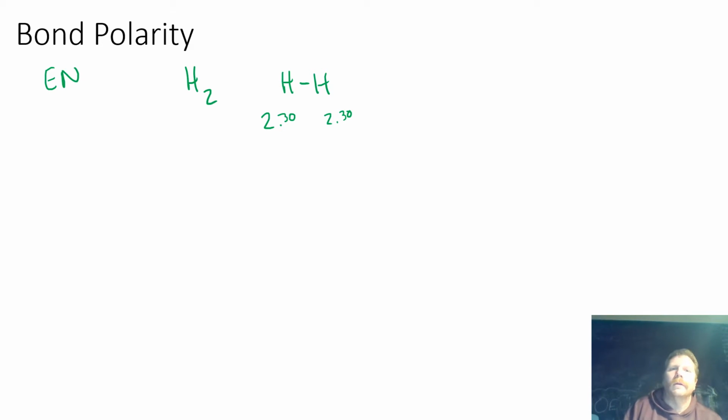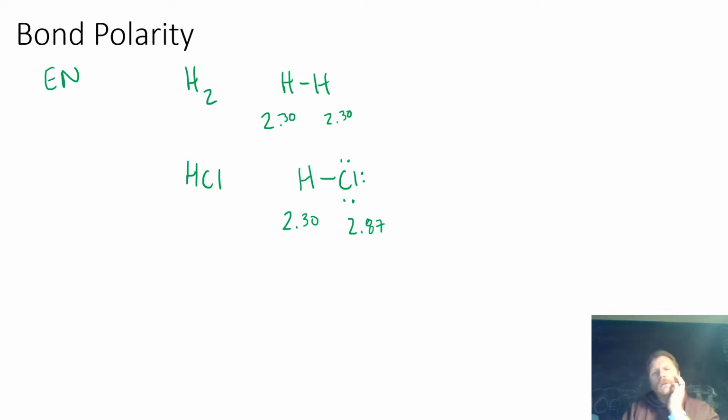Now if you compare that to something like HCl, we've got a molecule that looks like this, where we have an electronegativity difference of 2.30 and 2.87. So this shows that this chlorine within this molecule wants those electrons a little bit more.